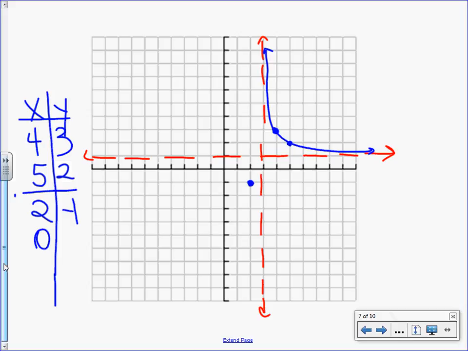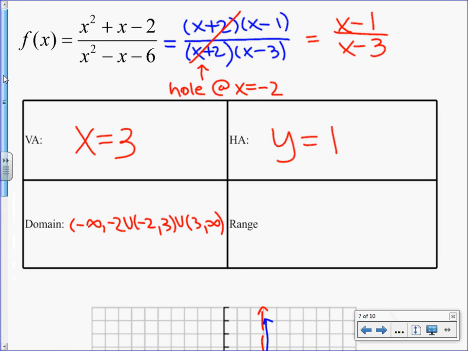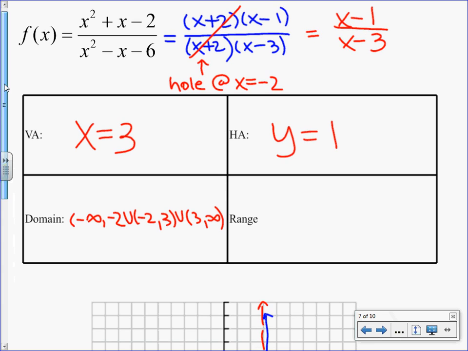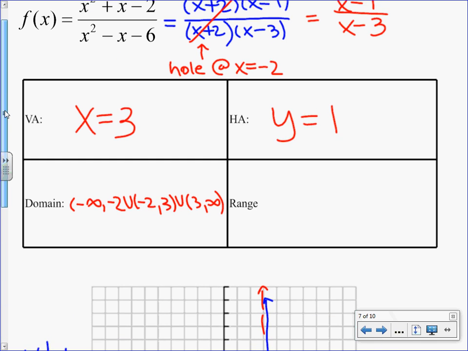What happens when we plug in 0? We get 1/3. Okay, so there's our y-intercept, right? Okay. Now, let's go back. Since we had factors that cancel, that means we have a hole at x is -2. So when I plug in -2 to our reduced function, what do we get?